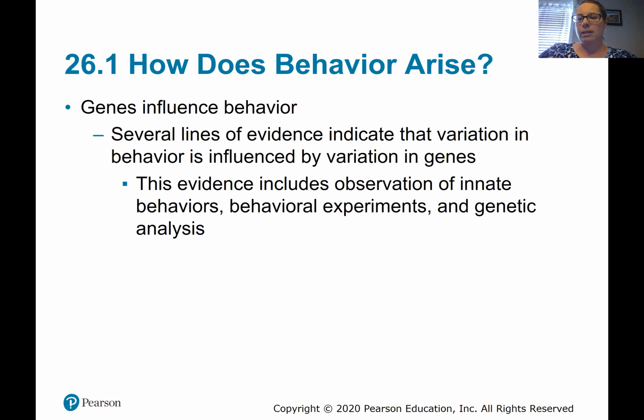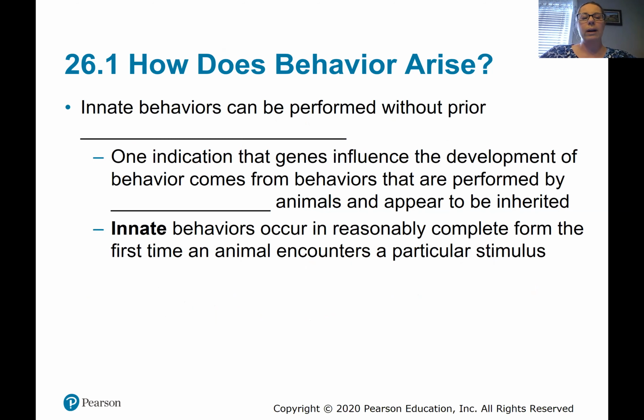So what are some of the ways that genes influence behavior? We can see genetic influence in what we call innate behaviors. Innate behaviors are behaviors that are performed by the animal without any prior experience. We talked about the innate immune defenses, things that you're born with.